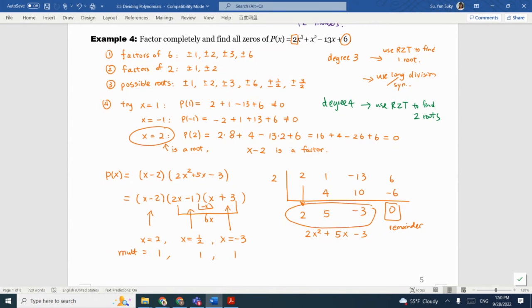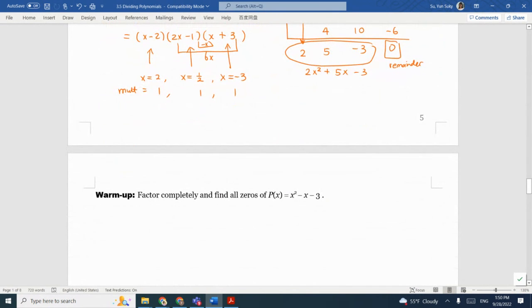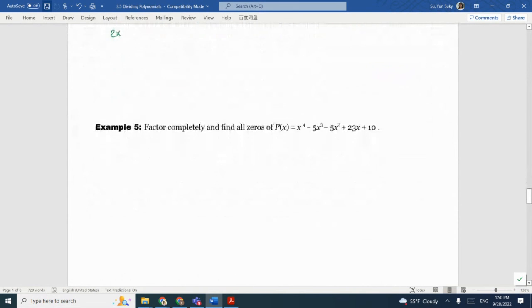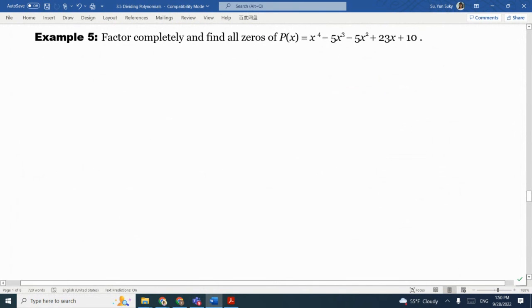Okay. Let's continue. This one, just leave it as an exercise. Okay, let's do example 5. Step 1, what's step 1?